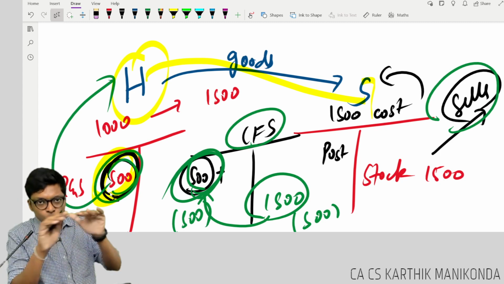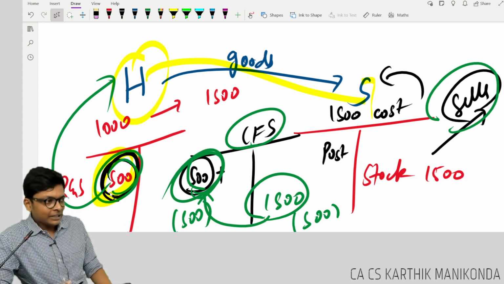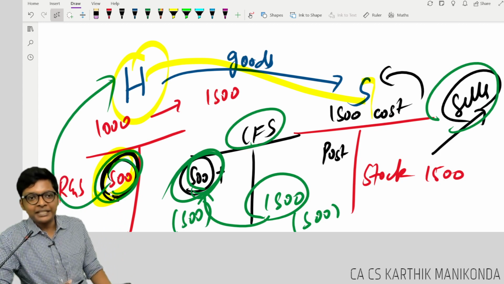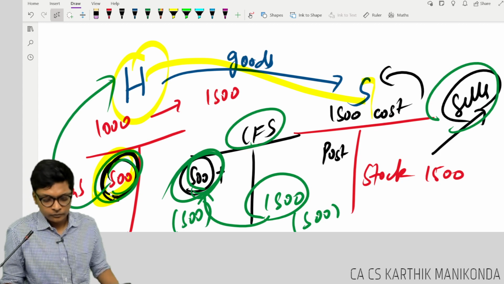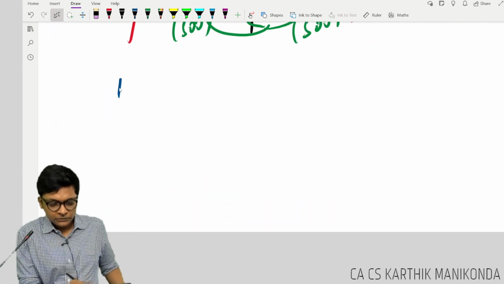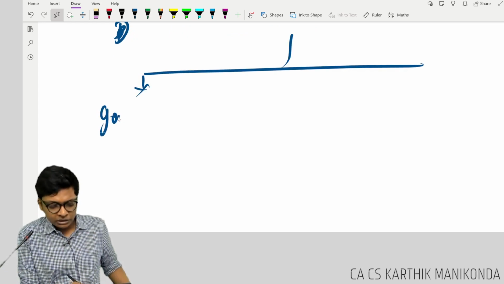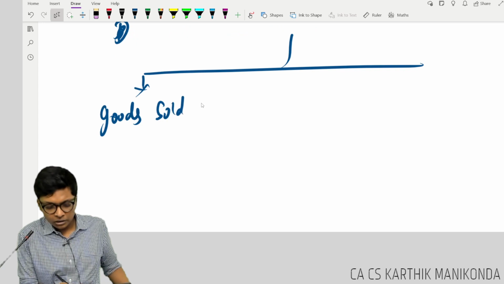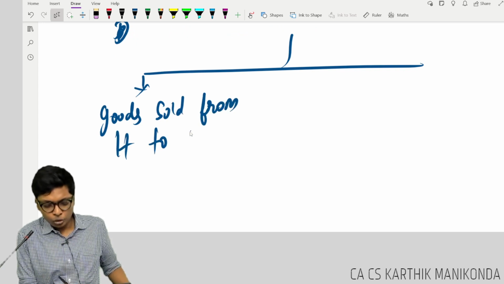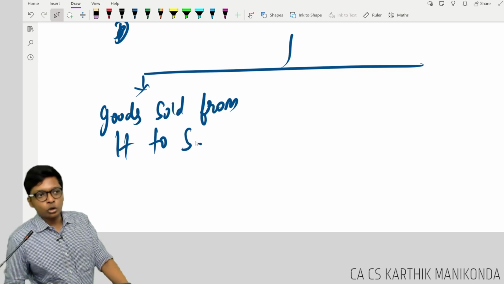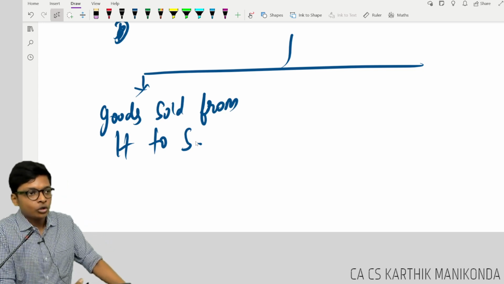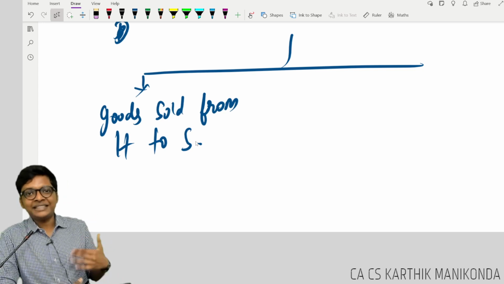Write down intercompany adjustments and split it into two. On the left hand side you write down goods sold from holding to subsidiary. What is the transaction called?